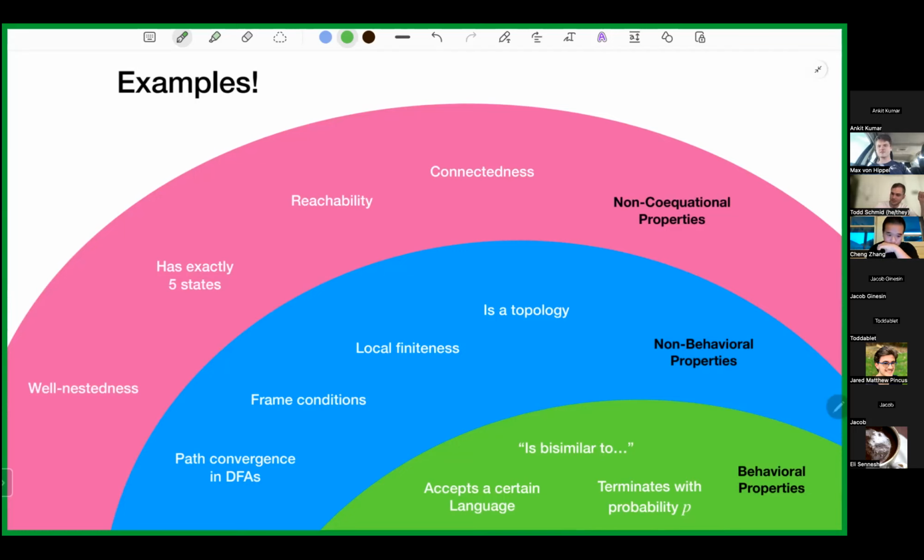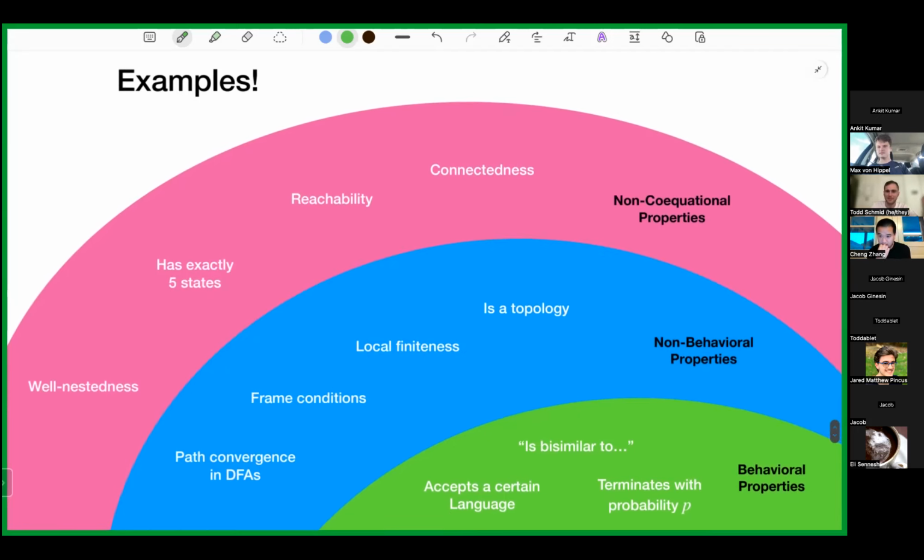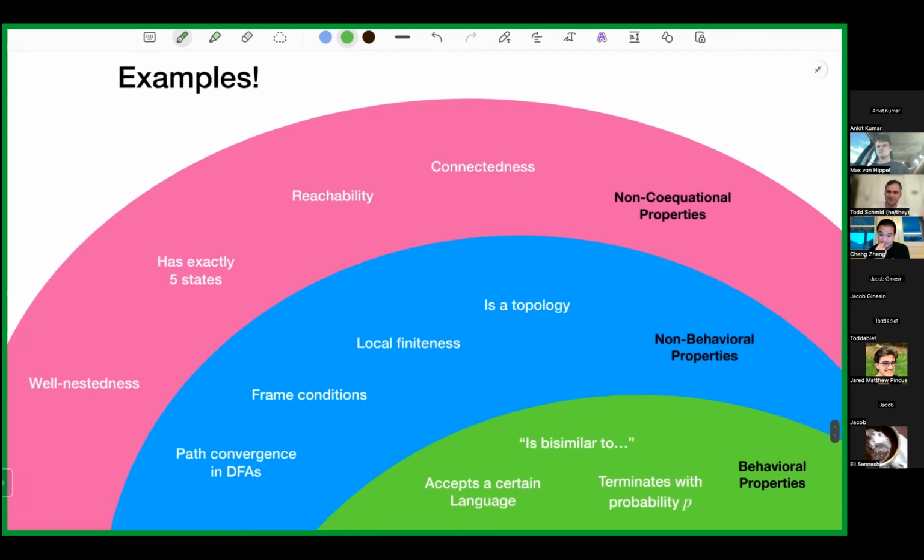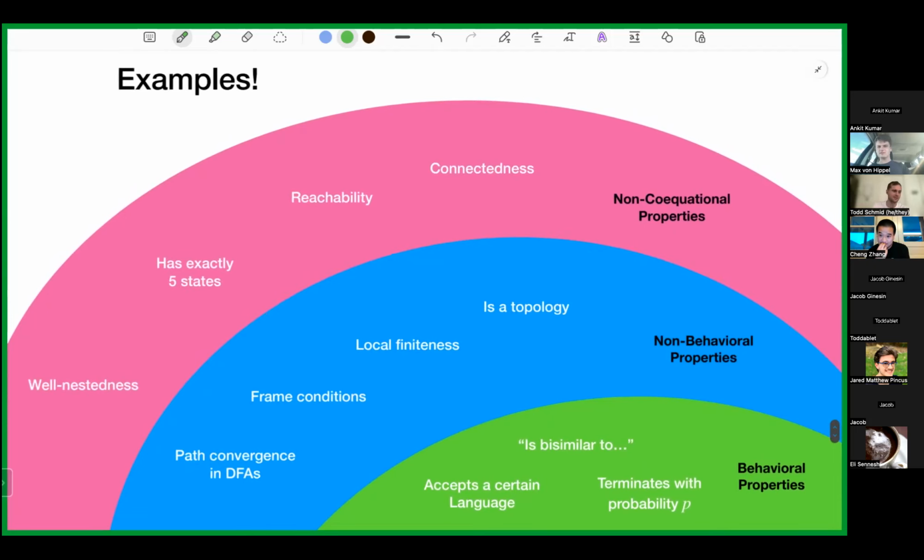You'll notice a couple of these: there's local finiteness, and there's being a topology. Local finiteness actually takes infinitely many colors, like one color for each natural number to characterize. But I really like the examples which are just like, oh, it takes 3 colors and not 2. Actually understanding those examples is not easy, and I'd love to see a lot more of it. There's not enough research in that area.